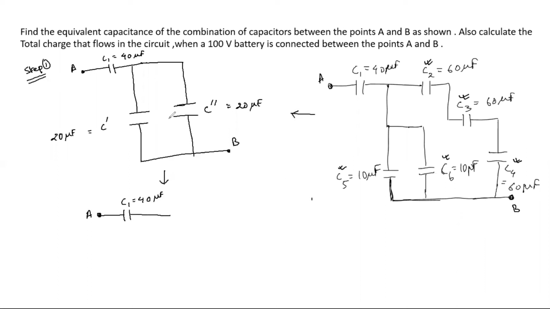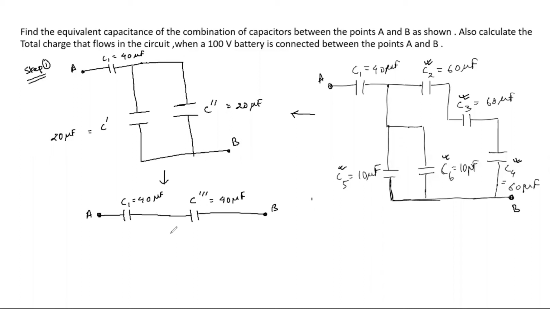In parallel connection, you just add the two capacitor values. So when you add them, let's consider it C''', and C''' is going to be 40 microfarad. And this connects to terminal B.